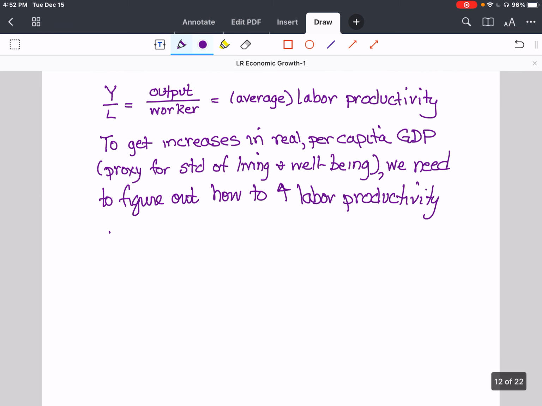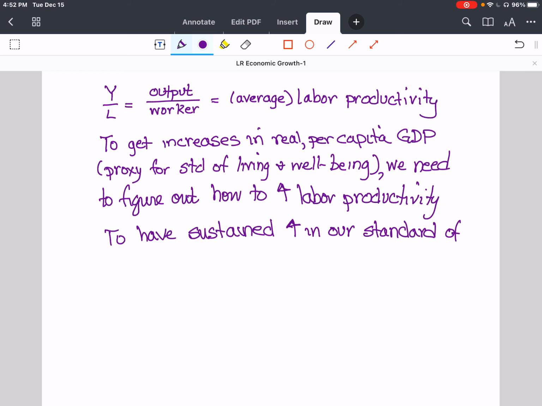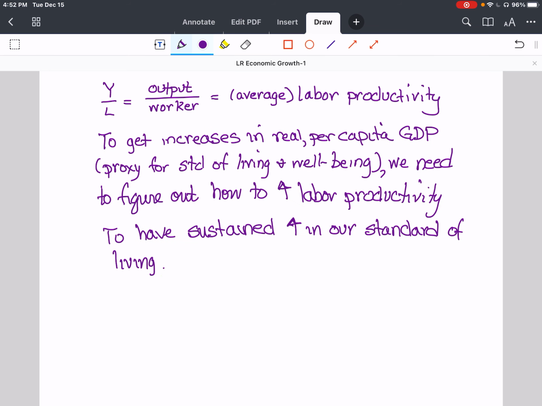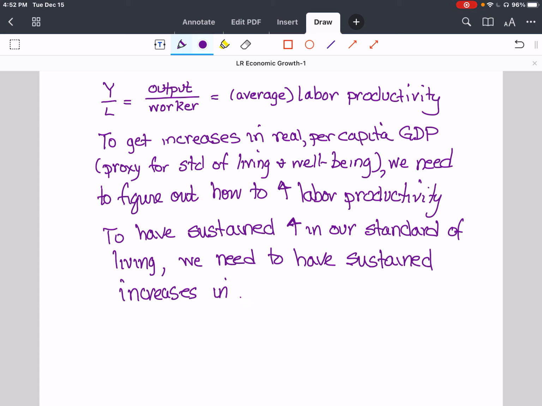So to have sustained increases in our standard of living, we need to have sustained increases in labor productivity.